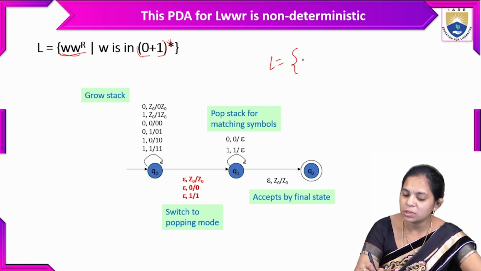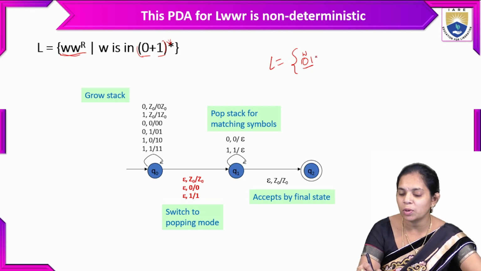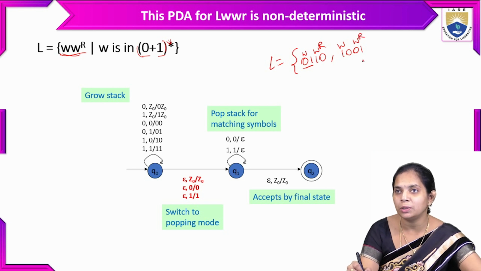Suppose the string which starts with 0, 1 is W, and the reverse of this string is 1, 0. This is W reverse. One more string we take is 1, 0, so W is 1, 0 and 0, 1 is the W reverse.